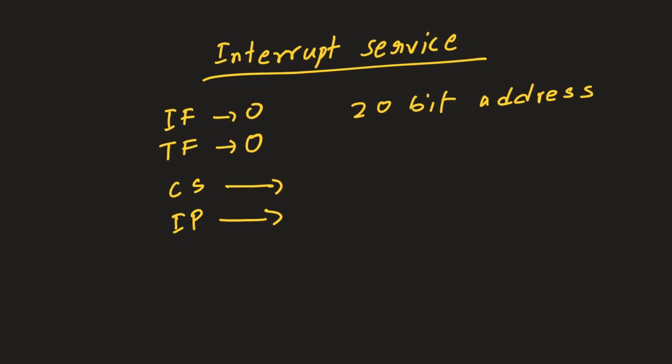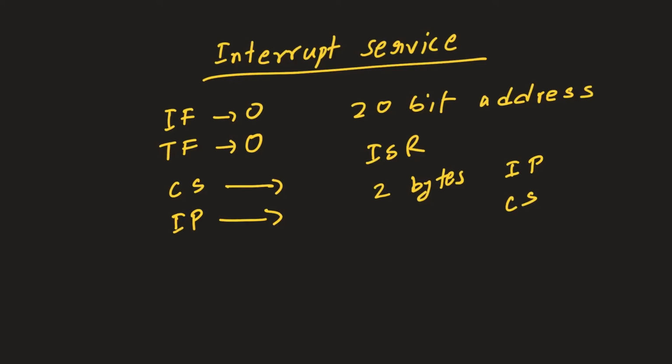The vector table has the vector address of the ISR, or interrupt service routine. The first 2 bytes of the interrupt vector table are loaded into the instruction pointer and the next 2 bytes are loaded into the code segment register.